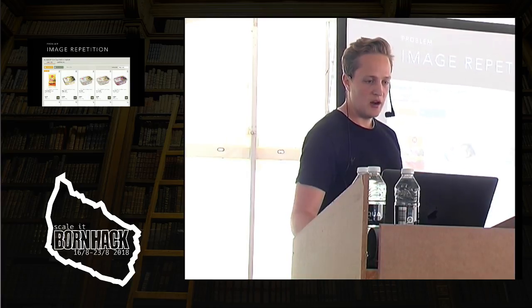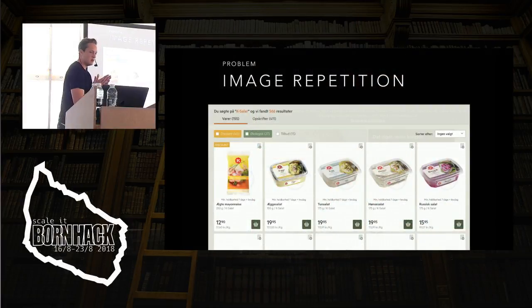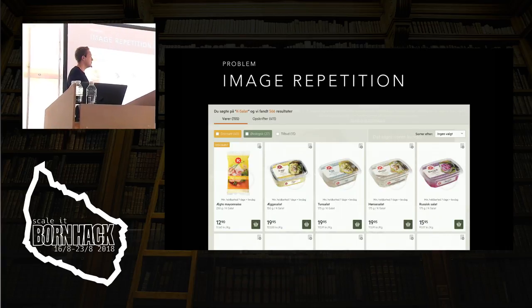Another thing on the web, in this case, is if you go to, for example, Nemlig, which is an amazing e-commerce site, and they do a great job, but there are certain places where they could do better, I would say.